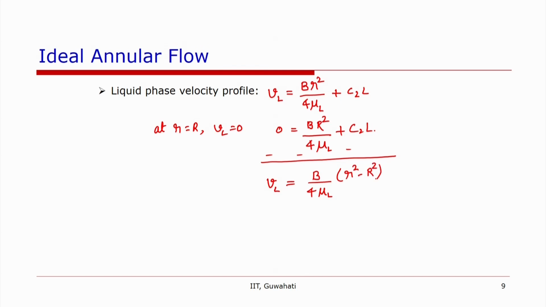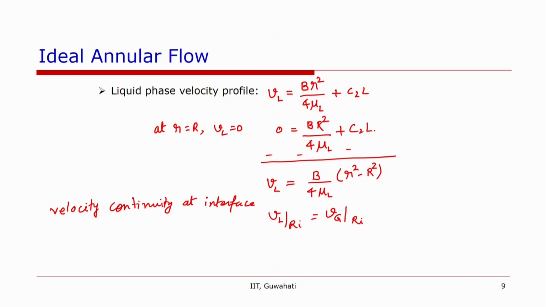Now to obtain Vg, we will apply velocity continuity at the interface. That means VL at Ri is equal to Vg at Ri, and if we substitute that, we will get the liquid velocity we have already got.